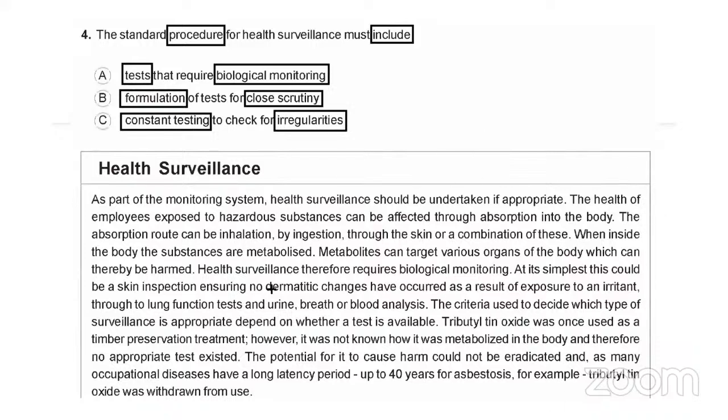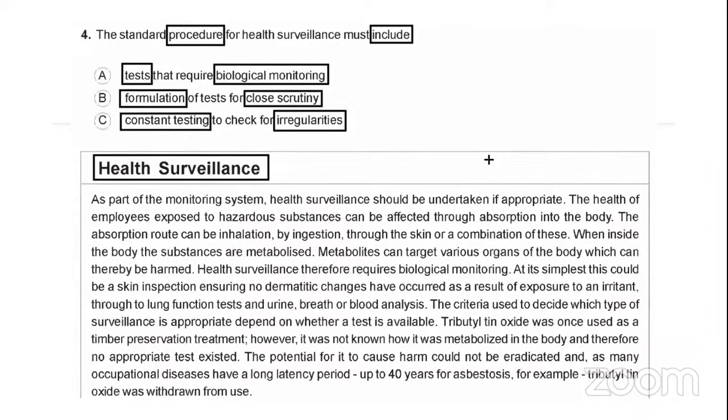The procedure is here. The standard procedure of health surveillance. This is health surveillance. Now the standard procedure means steps, methods, all these things. So what for?